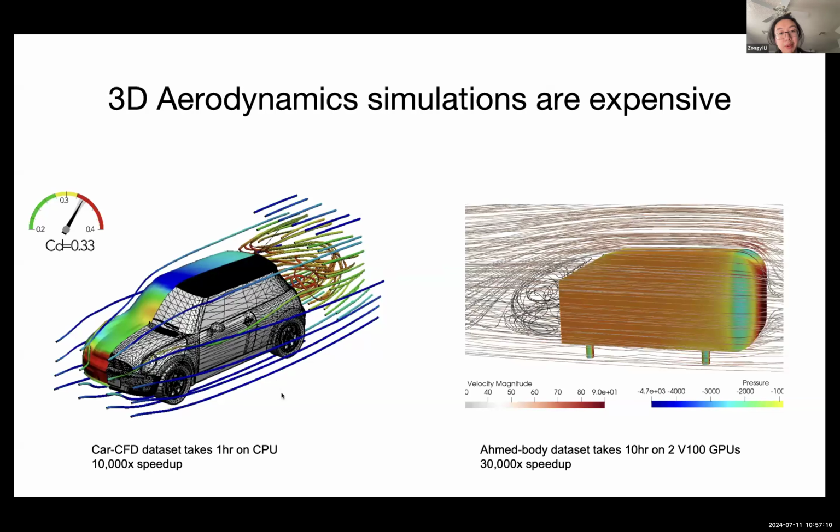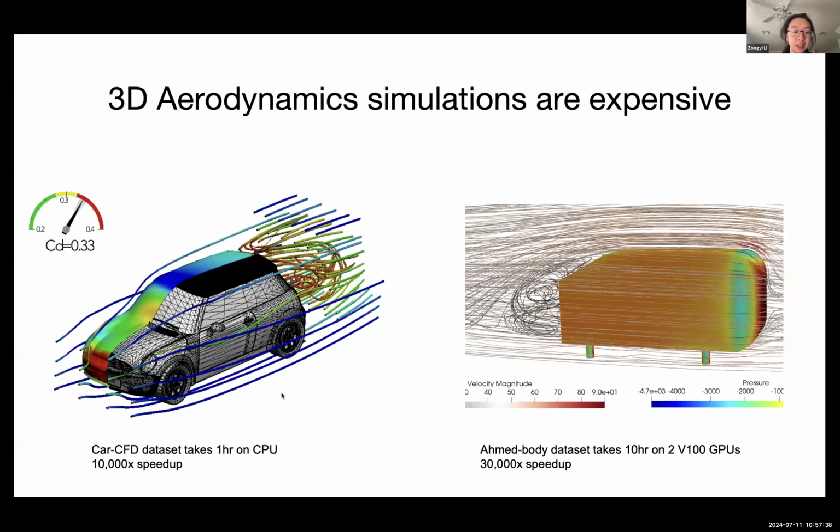And the third example is aerodynamic simulation on cars and vehicles. This is work we collaborated on with NVIDIA again. Given different shapes of cars, we want to model how the pressure fields evolve along the cars and find the best design of vehicles.